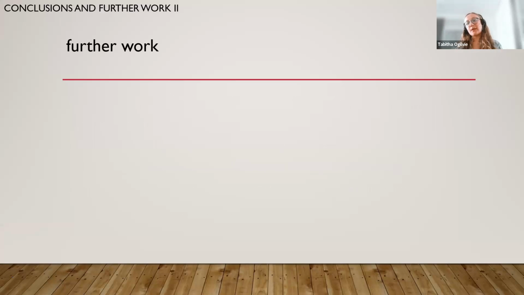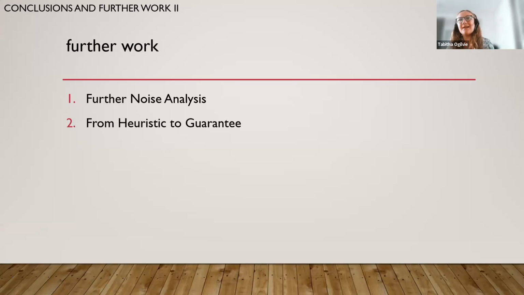For the further work, there's quite a lot to say. I mean, the biggest, I would say, would be further noise analysis. It would be nice to look at different case studies, polynomial evaluations. We didn't use packing in this case study, but average case analysis of these scenarios would be great.